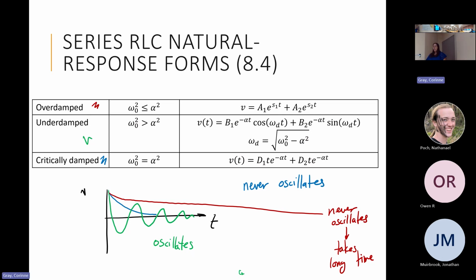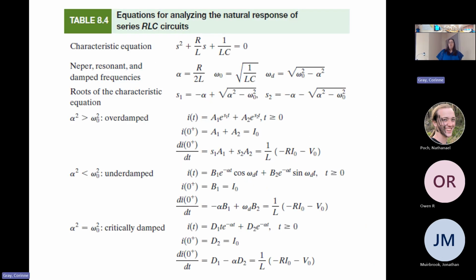Are there any questions? Then we'll talk about the equations. I will give you this table for the final. You do not need to memorize it. What you need to be able to do is say, I know my resistance, my inductance, and my capacitance, and I have converted them all into their base units.